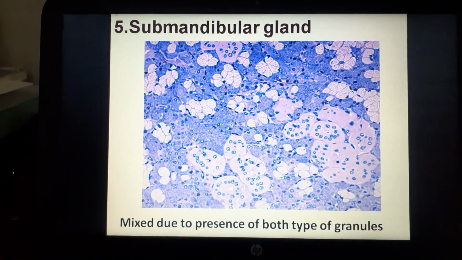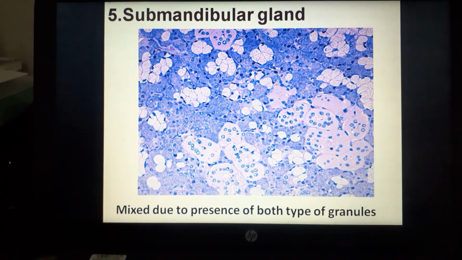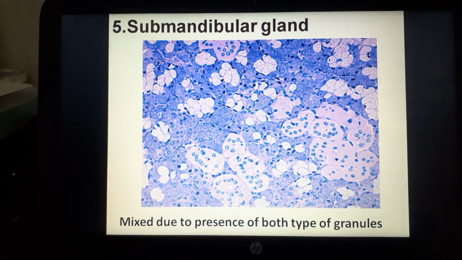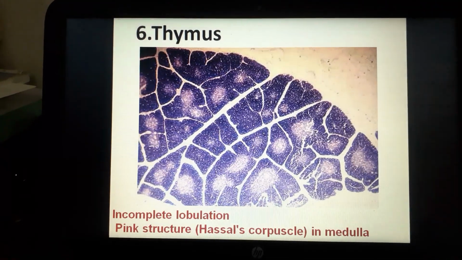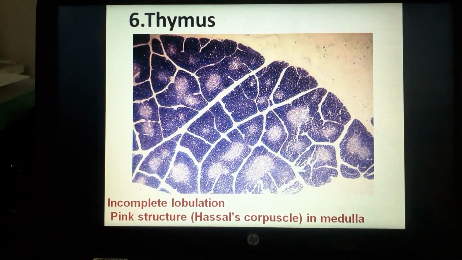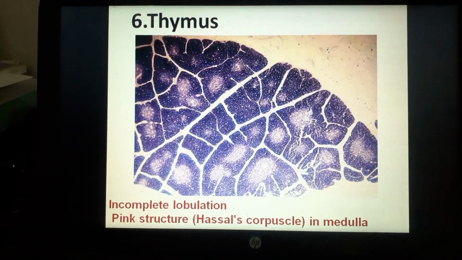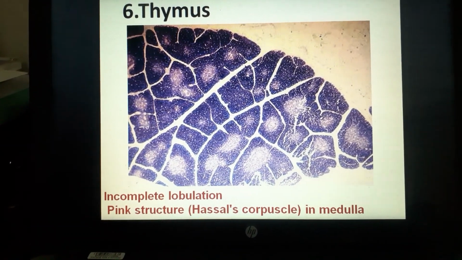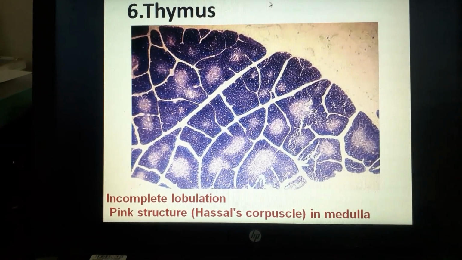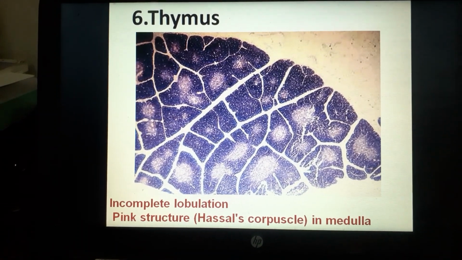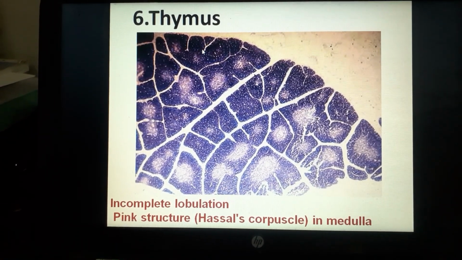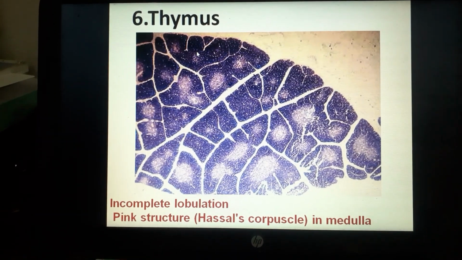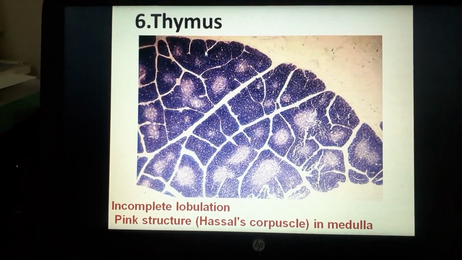In the submandibular, M for mandibular, M for mixed. This is of mixed variety. Both types of granule, lightly and darkly stained. In thymus, there is incomplete lobulation. The lobules, here you can see near the white arrow, this is not complete lobulation.